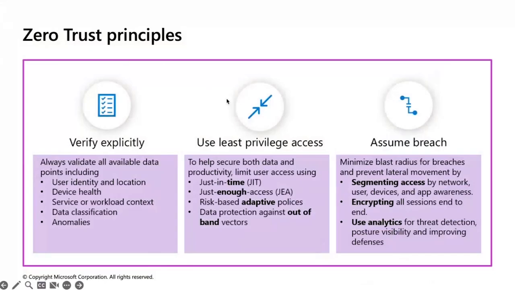Also, the zero trust principle is based on using least privilege access. Wherever possible, we have to follow least privilege design, never assign any unnecessary access to any resource, to anyone, and we always follow RBAC, role-based access control. For advanced security, we can move towards JIT, just-in-time access, just enough access, and also adaptive policies and adaptive controls.